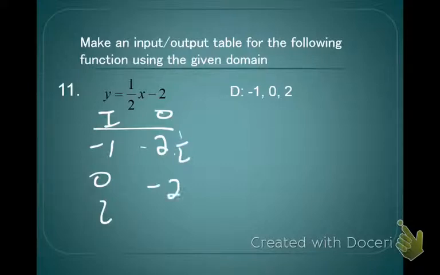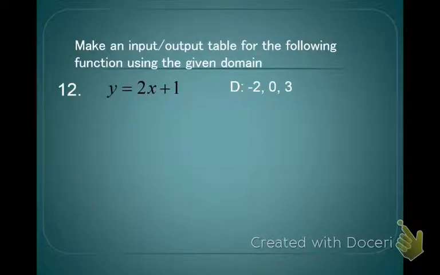Can you just put 2.5? Yes. You fraction phobes. Okay, negative 2.5, negative 2, and negative 1. Sounds good. Okay? Any issues getting to those numbers?